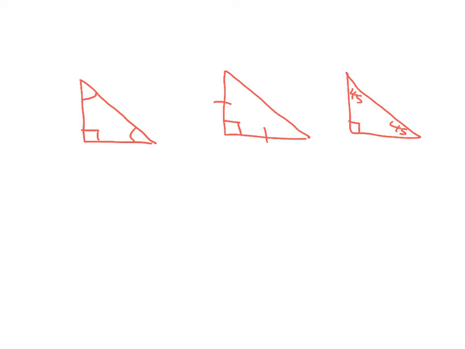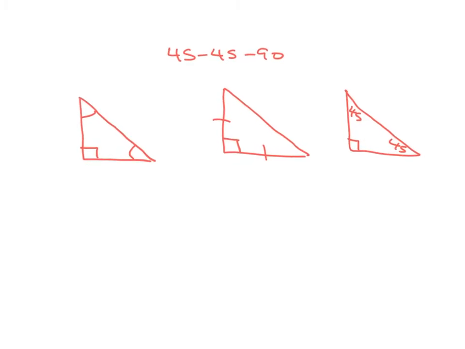All 3 of these triangles all represent a 45, 45, 90 right triangle. And again, the pattern you're going to memorize for a 45, 45 is that this side is A, this leg is A, and the hypotenuse is whatever A is, and then you put the square root 2 behind it.